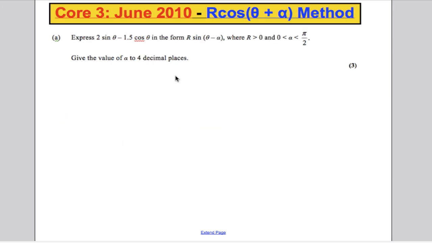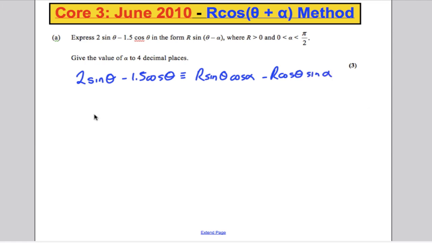We want to express this in the correct form. So we know that 2 sine theta subtract 1.5 cos theta is going to be equivalent to r sine theta cos alpha subtract r cos theta sine alpha.